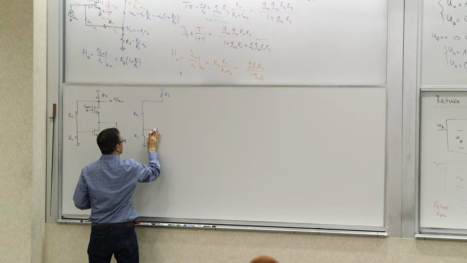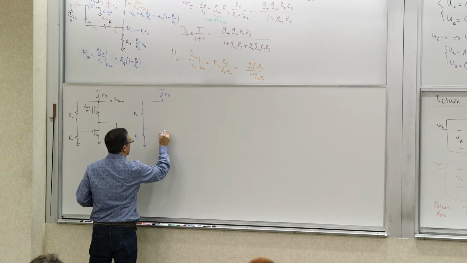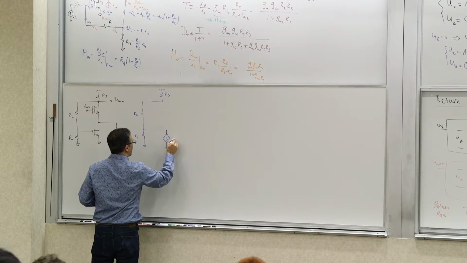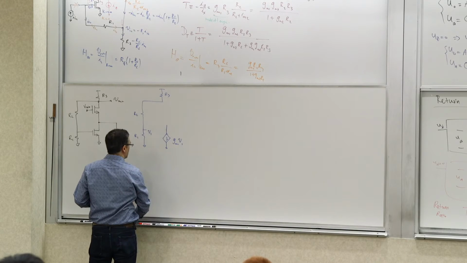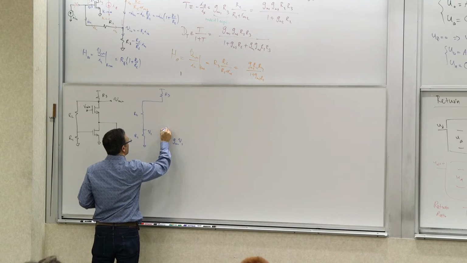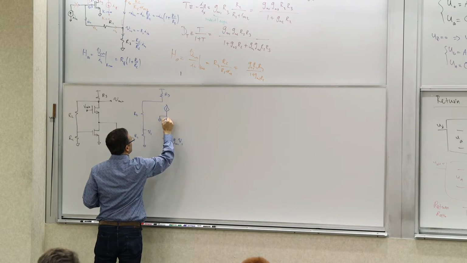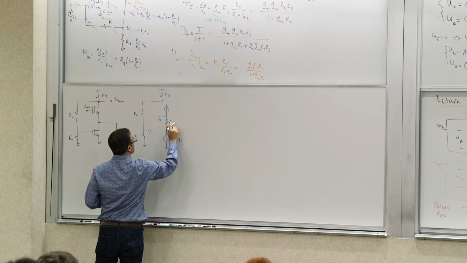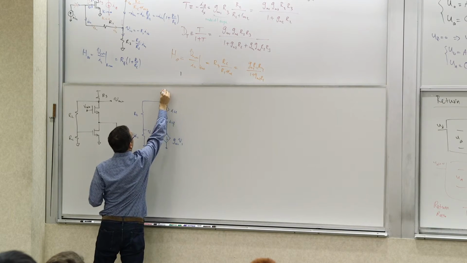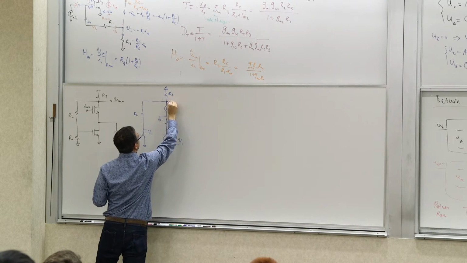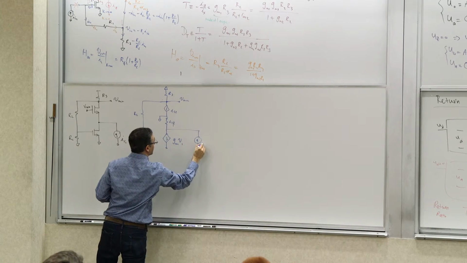So you have a gm1 V1, let's call this V1, and then here we use the T model. Let's call this IS2, and this is IS2, and this is R3 to ground, and this is V out. And now this is our I in.